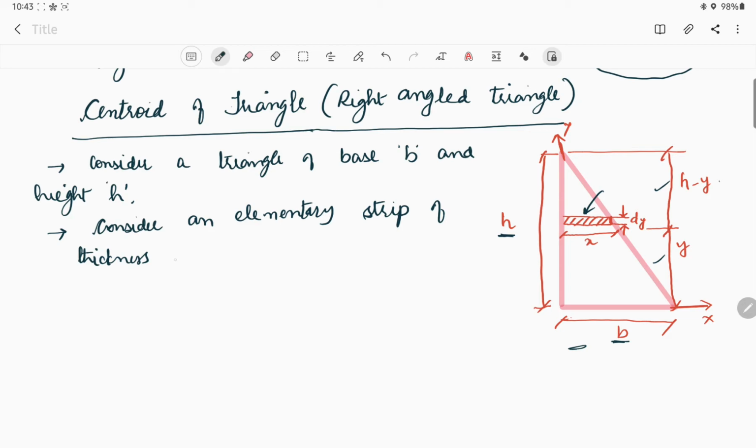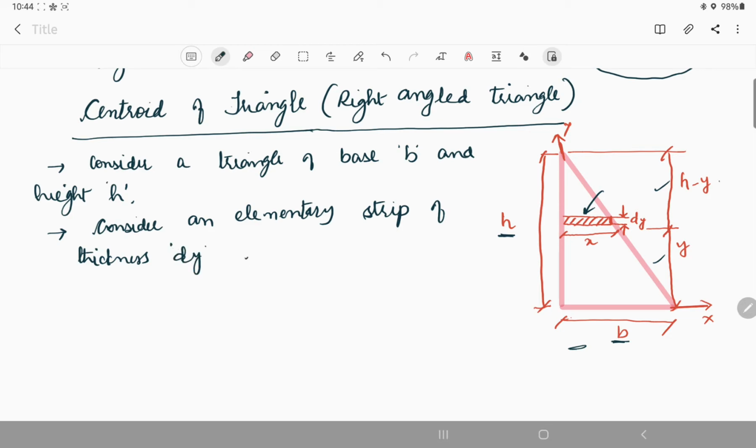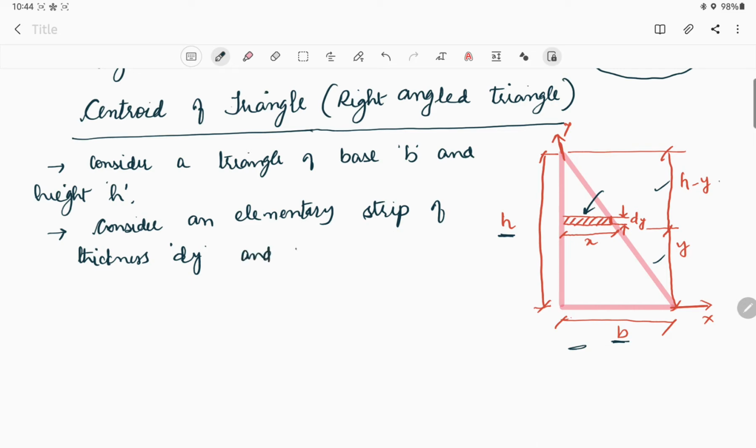Elementary strip of thickness dy, this is the thickness dy, and width x, at a height of y from the base. So we have considered an elementary strip.